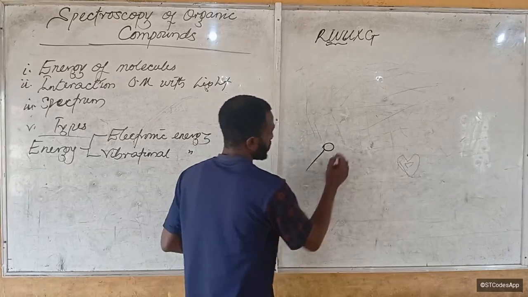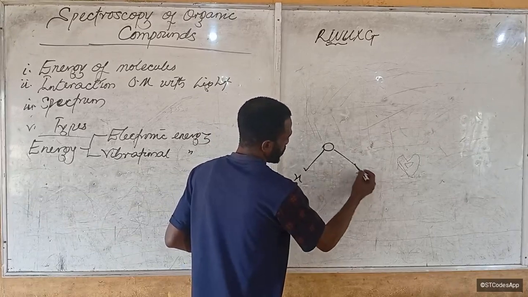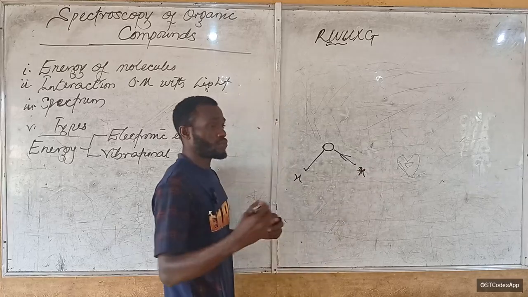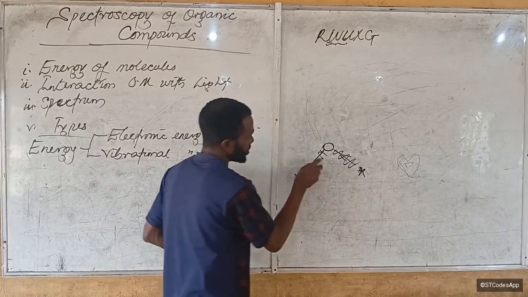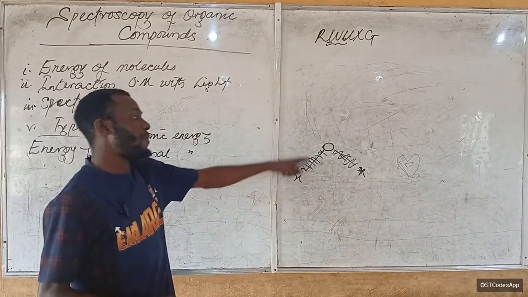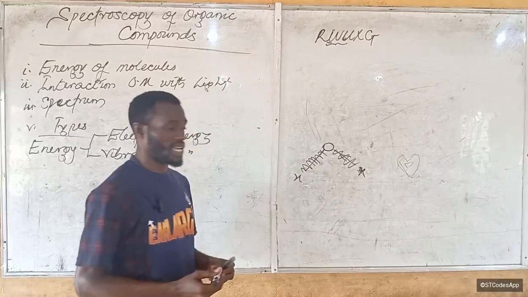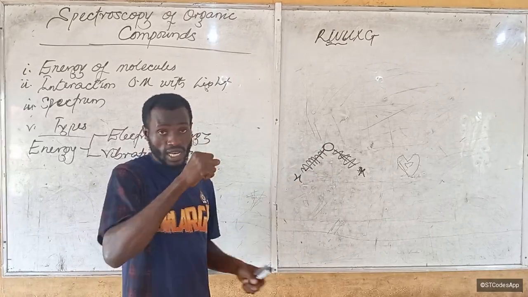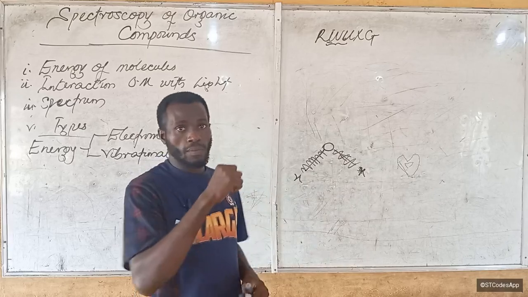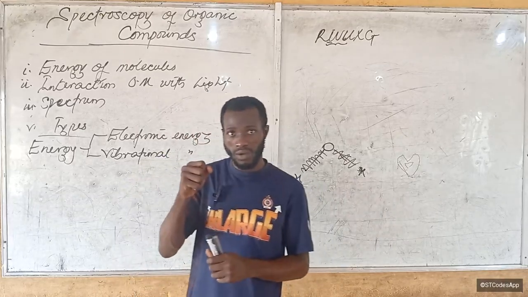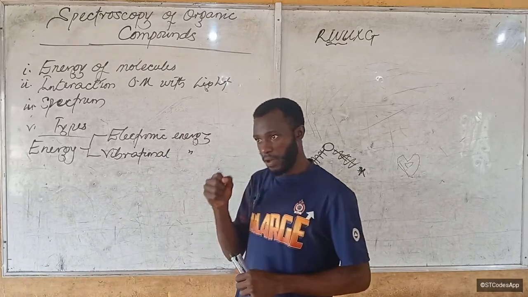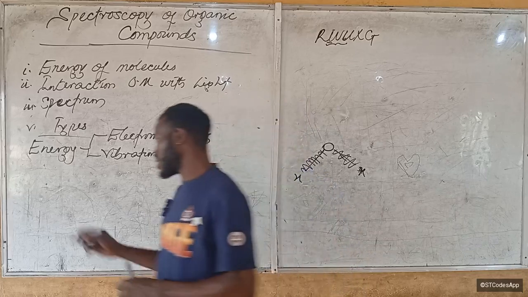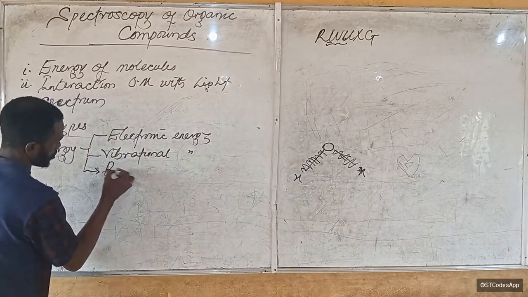They usually use springs to act as if the bond between the atoms were like a spring, so that it can vibrate, because the atoms are vibrating on that bond. Is that okay? They are vibrating on that bond. Okay, so they possess vibrational energy. And the third, they possess rotational energy.